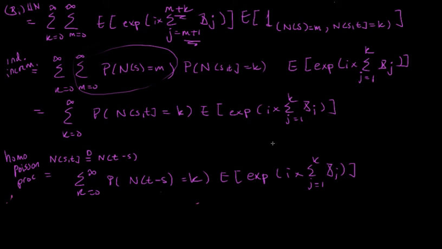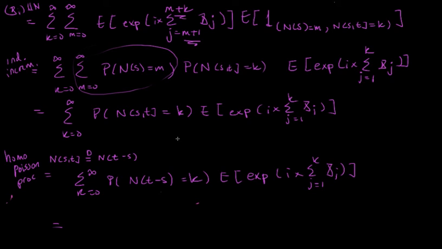Okay, so essentially now we are done, because when we were calculating the characteristic function of S(t minus s) earlier, we also arrived at this step, and then we just finished it off by doing the last calculation. So we have already shown now that this is equal to the characteristic function of S(t minus s).